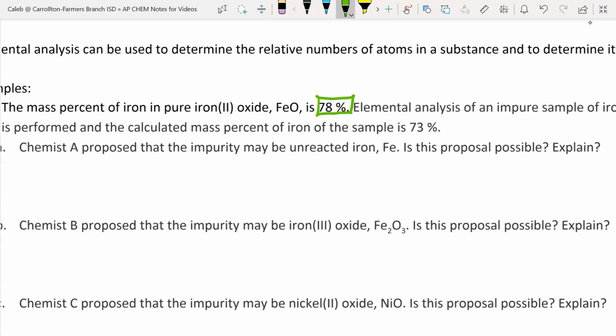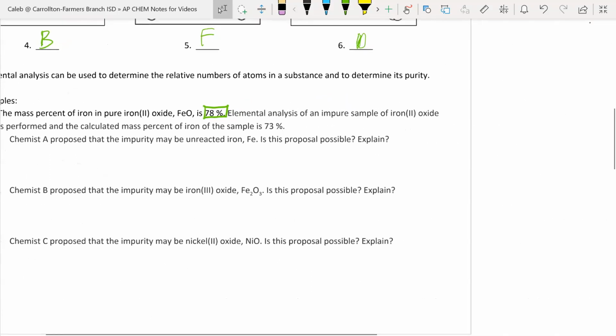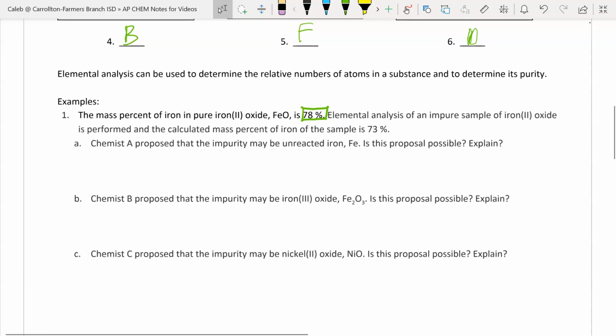Elemental analysis of an impure sample of iron(II) oxide is performed, and the calculated mass percent of iron is 73%. So we know it's not actually pure iron(II) oxide.